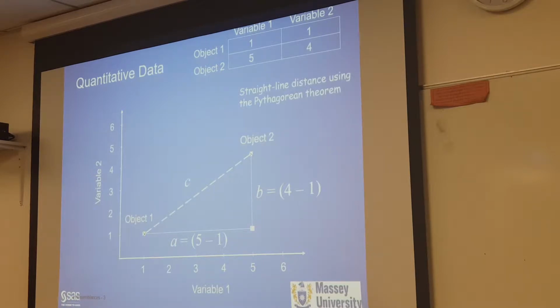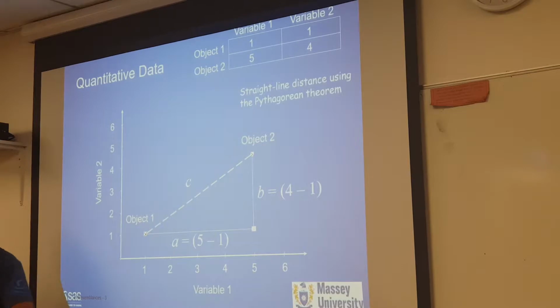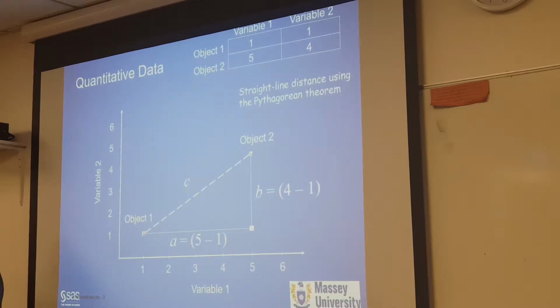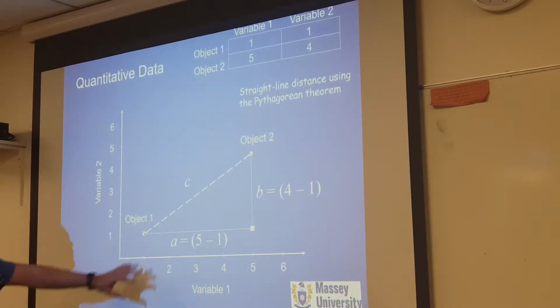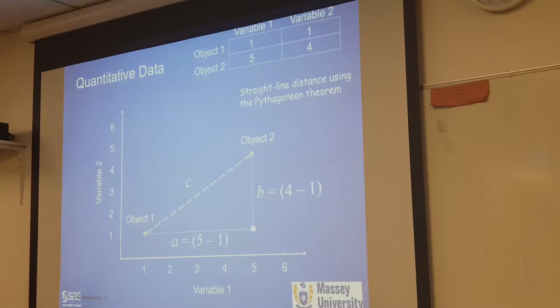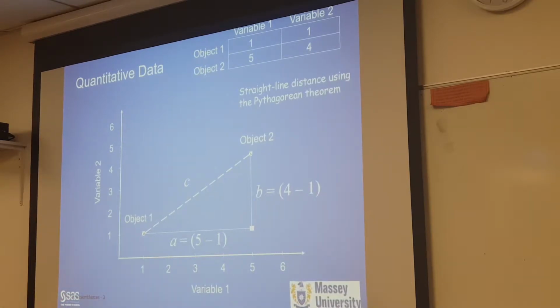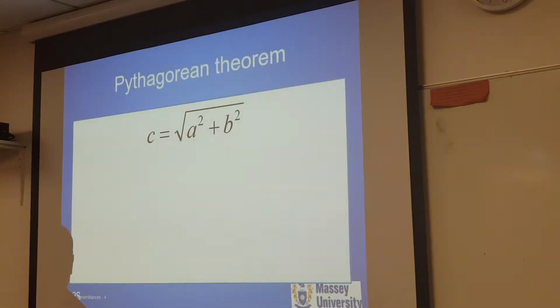Of course, you can carry on with this. This is just 2 dimensions, but you can carry on with this in 15 dimensions. You can calculate the distance in a 3-dimensional space and do exactly the same thing. You add up all the individual distances squared, and then you square root the final sum. So Pythagoras' theorem is not restricted to just 2 dimensions, is my point. This is the Pythagorean theorem, which is not difficult for most of you.